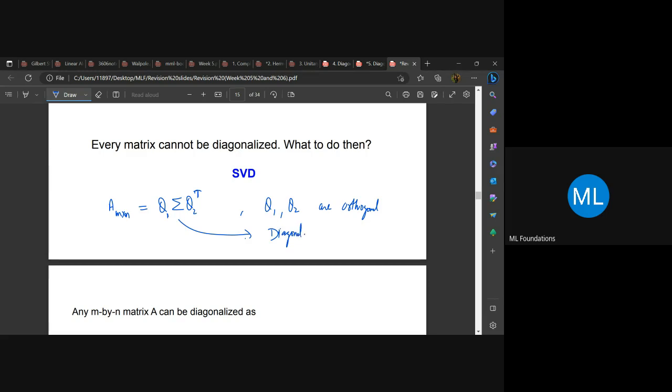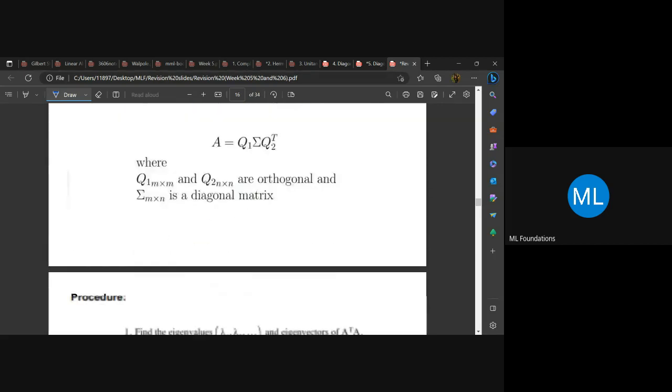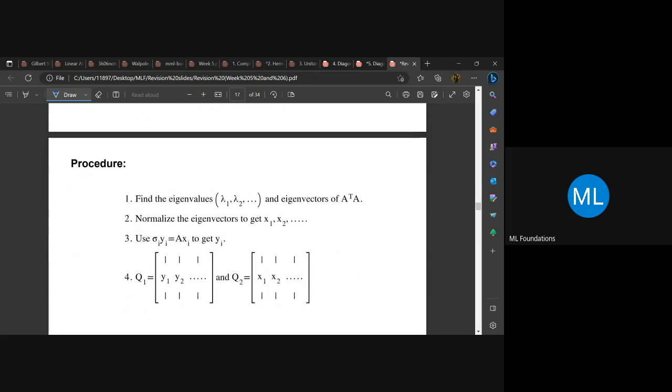So what are the steps you follow to find the SVD of a matrix? I will just write the steps. The first thing is your matrix is m cross n, and you're writing it as Q1 sigma Q2 transpose, correct?